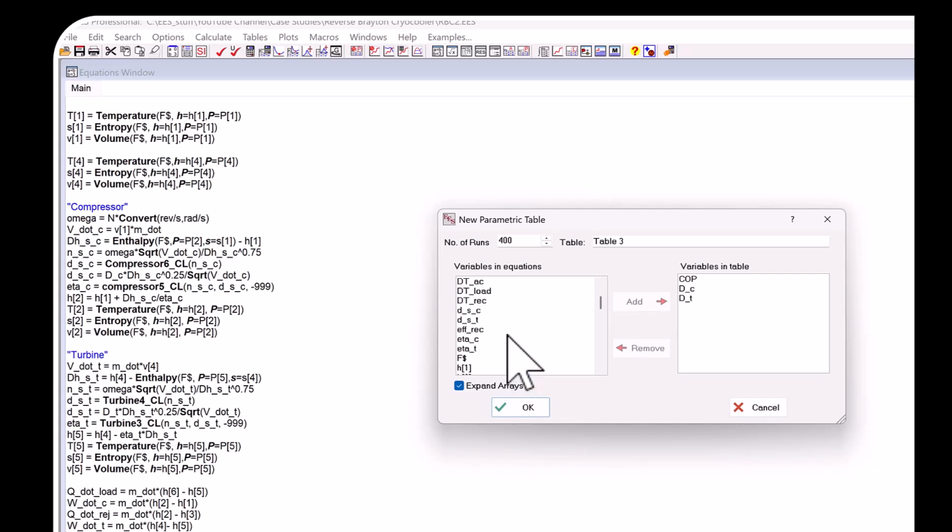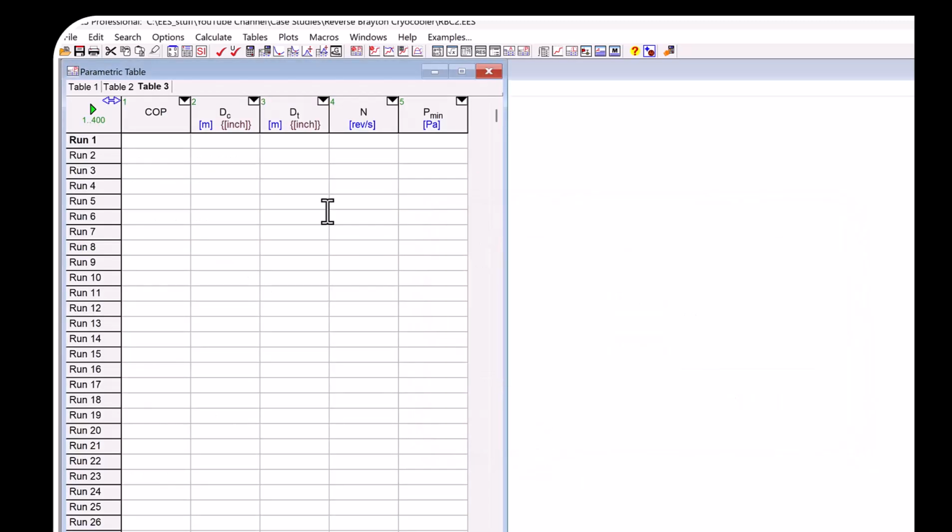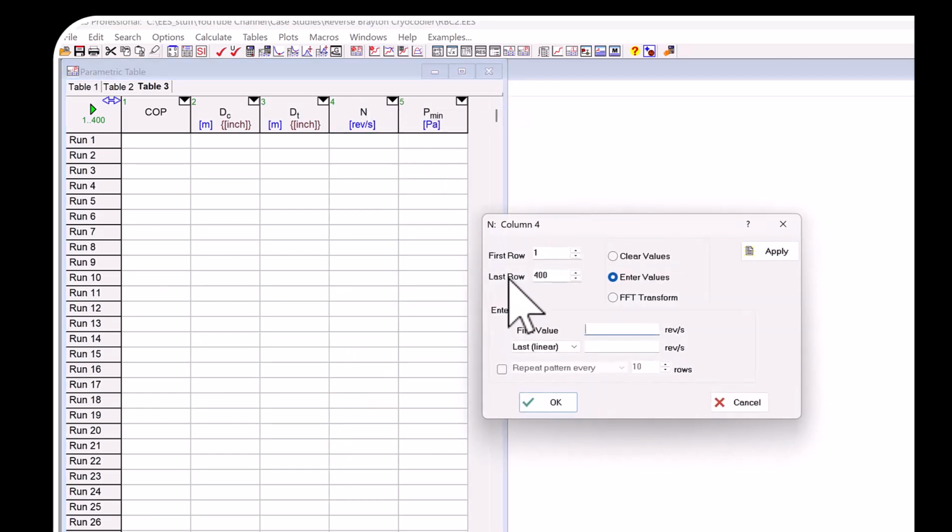And then I also have to put the speed, I guess, and the compressor suction pressure. I could put other things as well, but I think that's probably good enough. So I'm going to vary the speed from, let's say, 1,000 to 10,000. So here I'll do alter values from 1,000 to 10,000 revolutions per second.